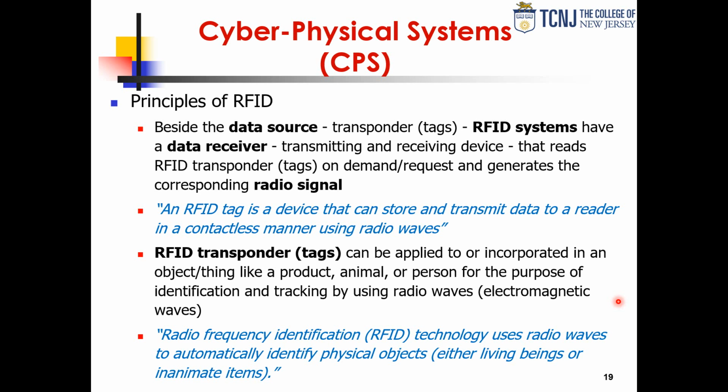So why wouldn't you want to have a battery? Well, a battery has a finite lifetime. And if you want to have something that you stick on something and get the same utility that you would get from, let's say, a barcode, which is just there, or some type of text label that is there, and you always will have that information there, except that with the barcode reader, you have to get close to it. And if you have some text, you actually have to look at it and read it.